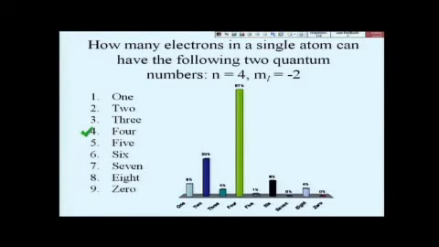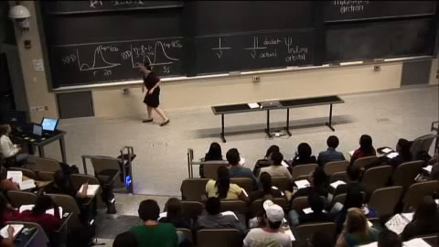OK, great. So most of you recognize that there are 4 different electrons that can have those 2 quantum numbers. Actually, the easiest way is probably to bring this down here.